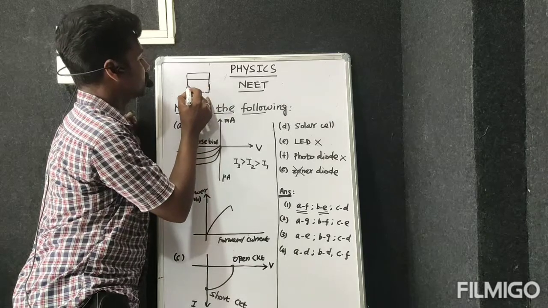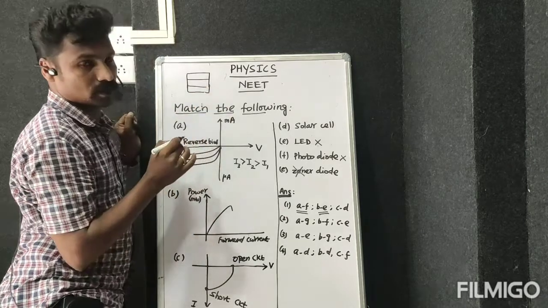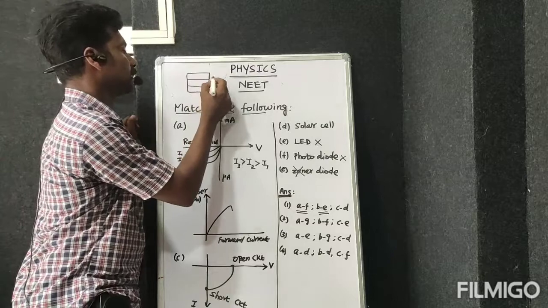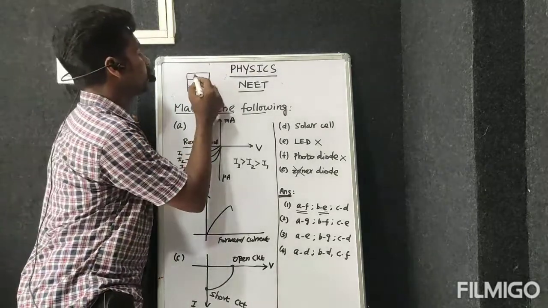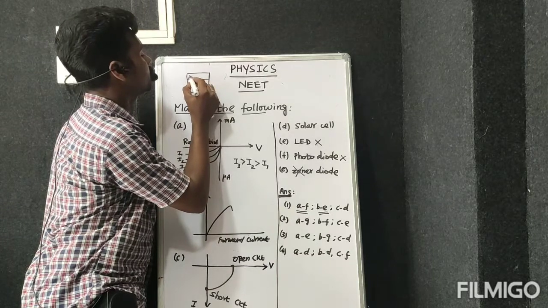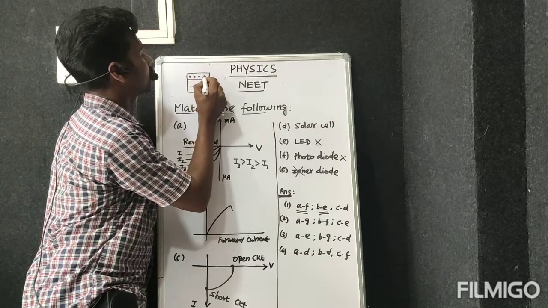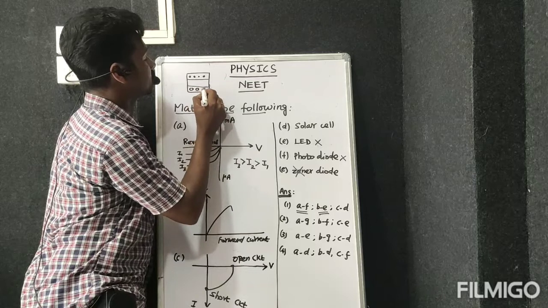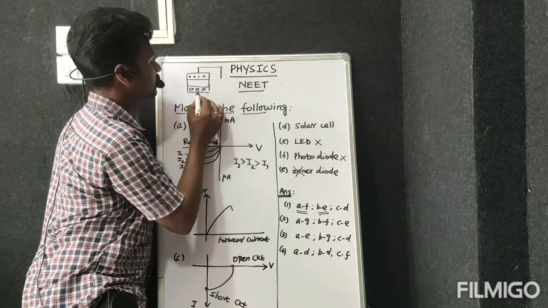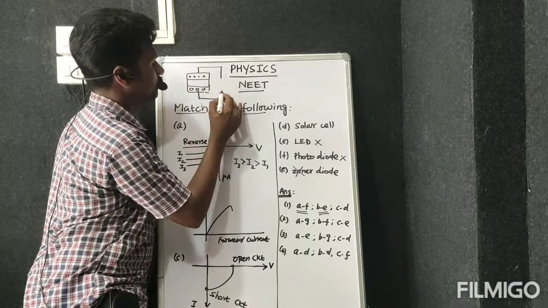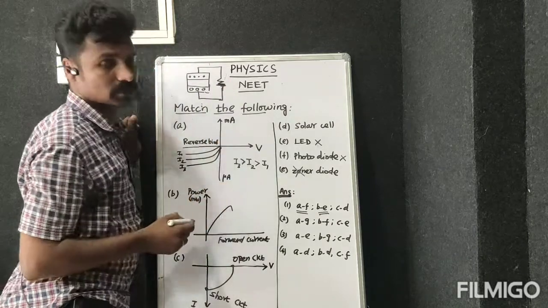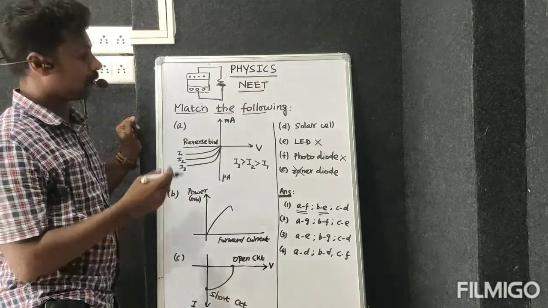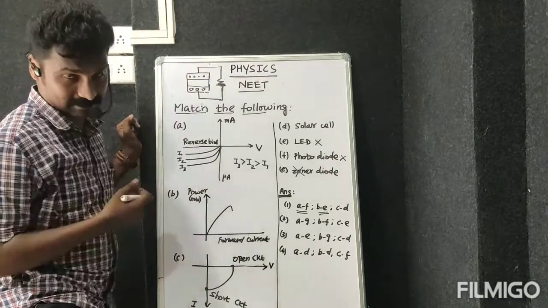For example, here there is some region, in the upper part or down part, like that one diagram is there. Here there is a P region and an N region, electrons in the N region and holes in the P region, and it is connected with the external resistance. That is like a load resistance, otherwise the circuit becomes shorted.